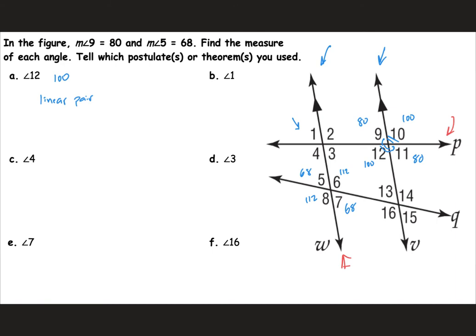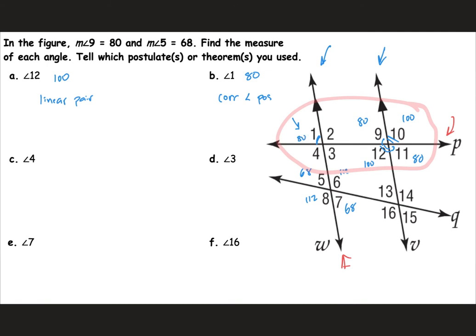So if I'm going in this direction right here, I can use all of my parallel line theorems and postulates that I just learned, because these two lines, V and W, are parallel, cut by the transversal P. In which case, angle 1 is corresponding to angle 9. Therefore, the measure of angle 1 is 80 because of the corresponding angle postulate.